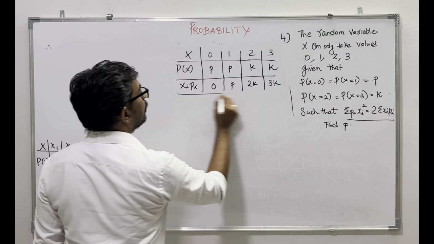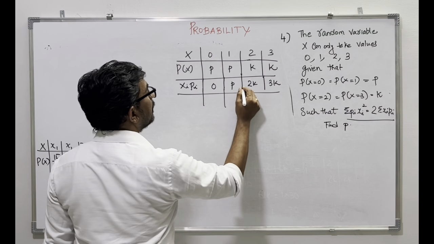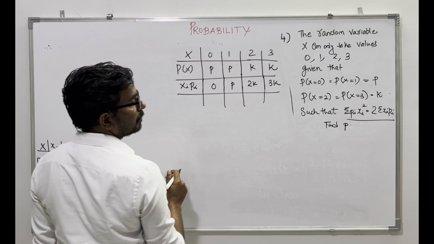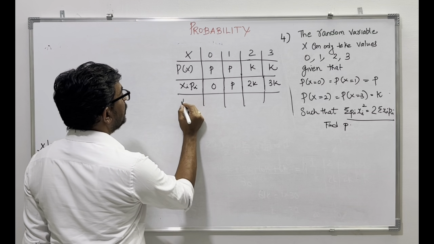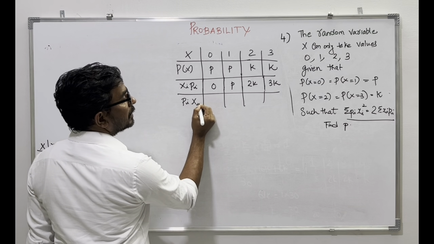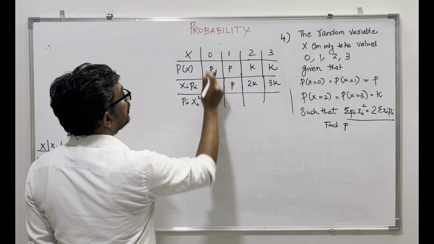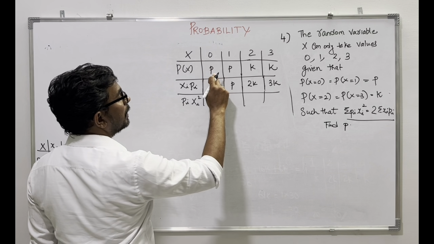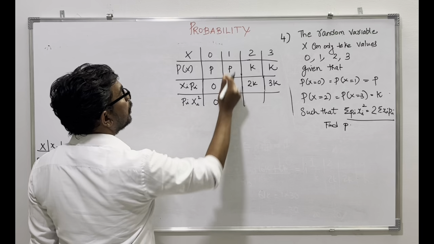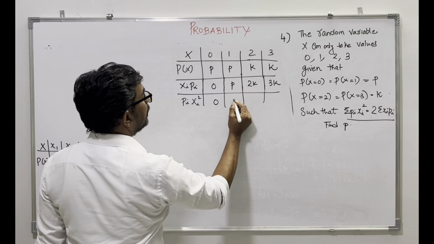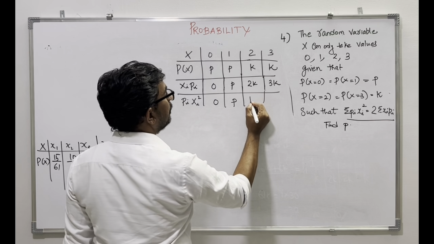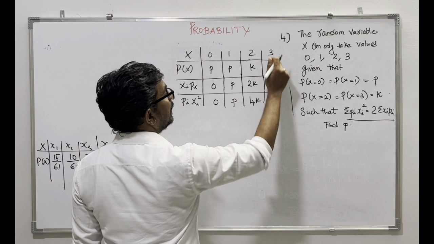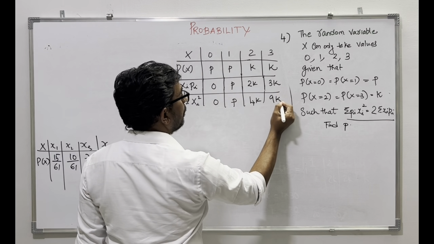And we need one more column. Now sigma pi xi square means we have to add this. So this is xi square multiplied by pi. So that will be 0. 1 square is 1, 1 into p, p. 2 square is 4, 4 into k, this will be 4k. 9 into k, 9k.